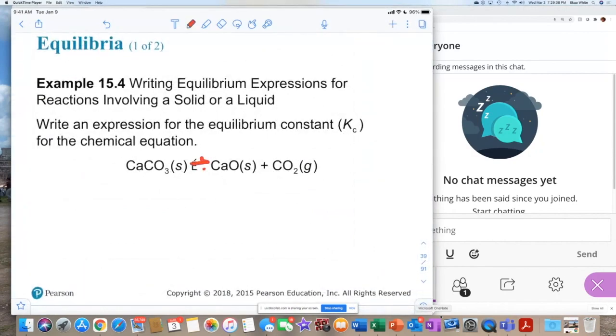Once again, I'm going to bring in my equilibrium arrows. I want to work on this one, and I'm going to work on the reverse version of that. I was about to make up a question, but why make it up? I can use this one here.